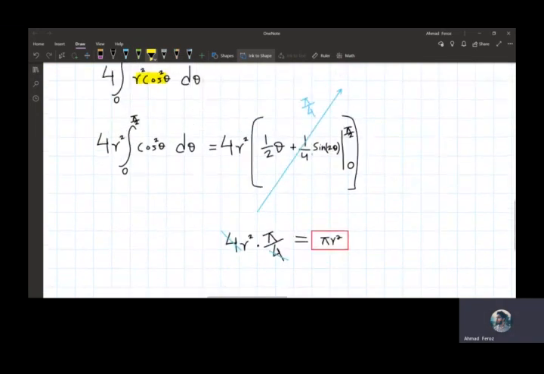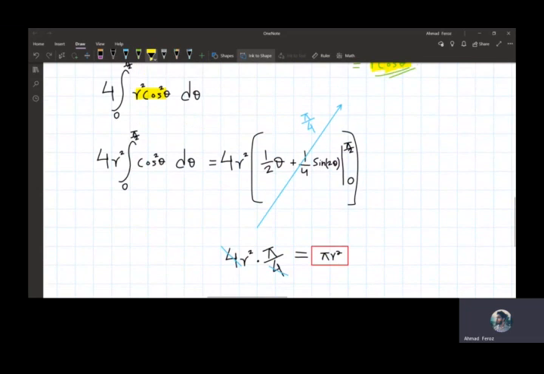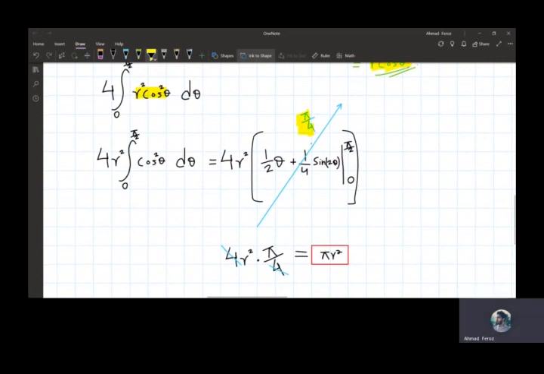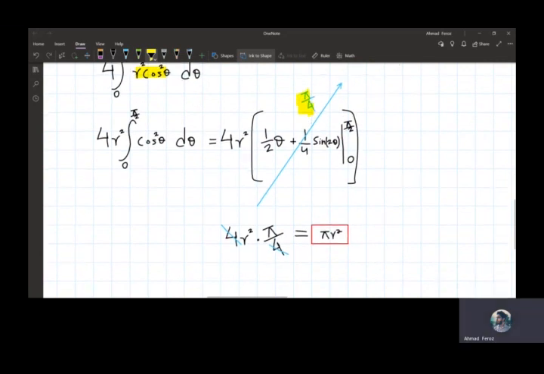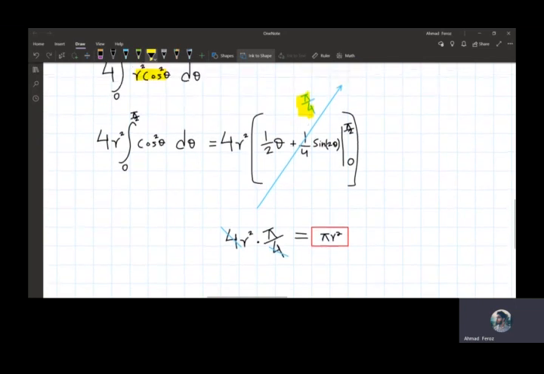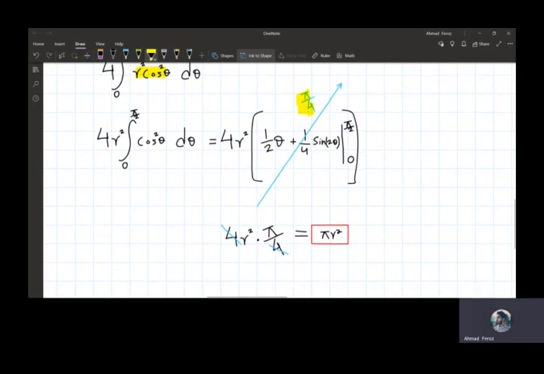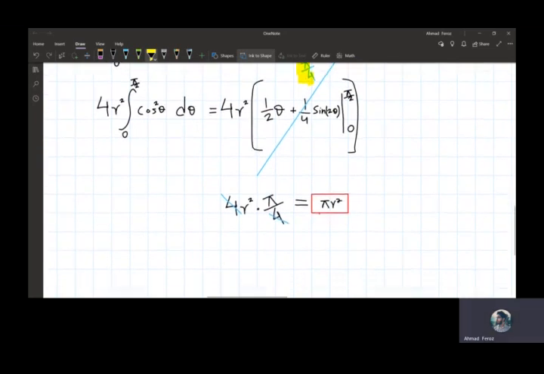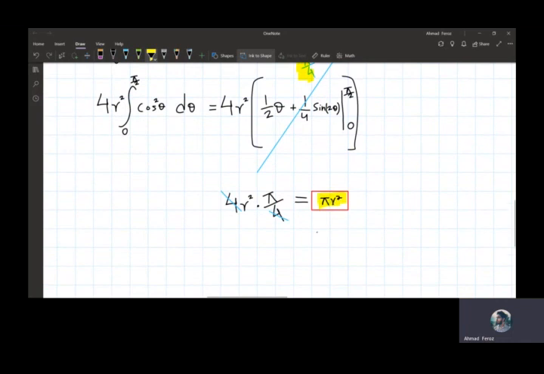So when we apply the limits 0 and pi over 2, we end up with pi over 4. After that, we still have to multiply it by 4 because this is the area for the quarter circle. When we multiply it by 4, we end up with pi r squared, which, as we know, is the area of a circle.